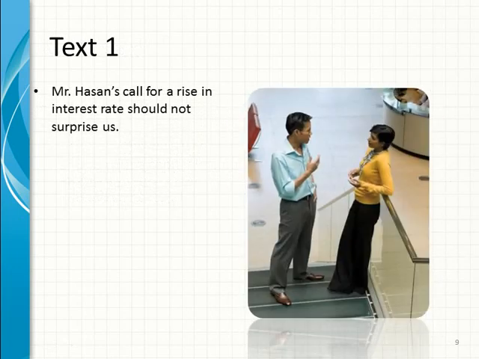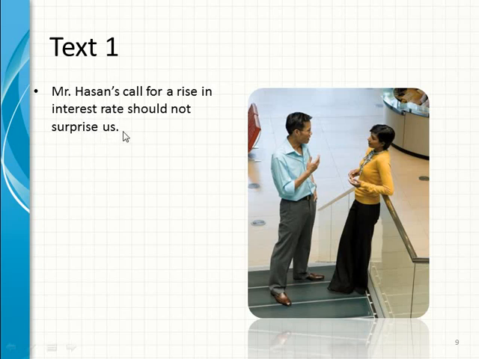See this example. We have text 1: Mr. Hassan's call for a rise in interest rates should not surprise us. This is a sentence, right? Because we have a capital letter and then a full stop. And this sentence is also called a clause complex.